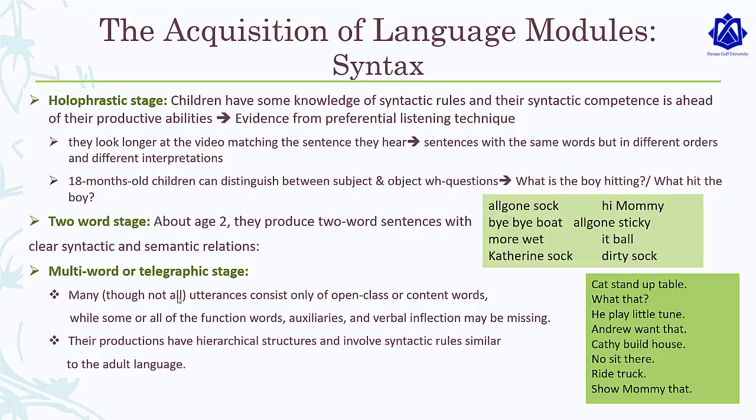They produce one word, but they know more than that. And also in the same studies, they have found that children as old as 18 months could distinguish between subject and object WH questions.